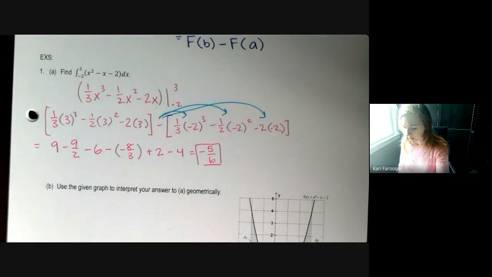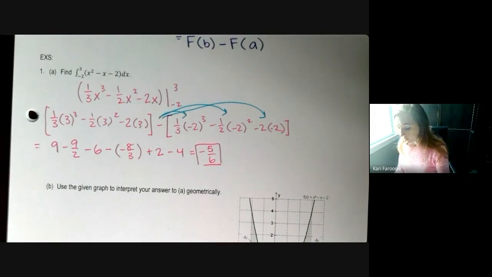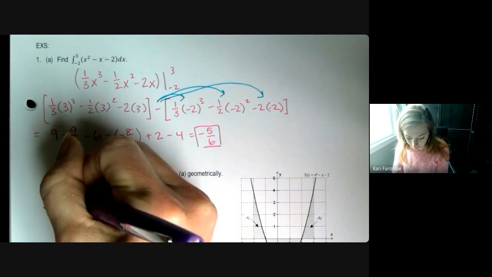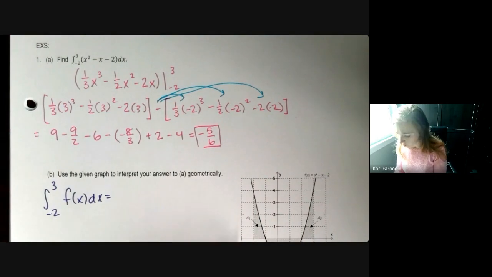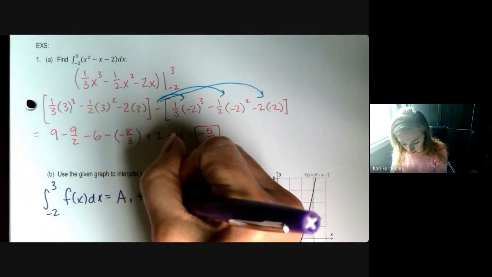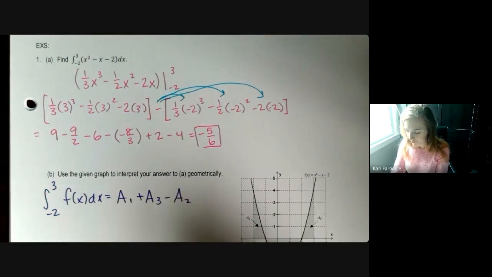Okay. Use the given graph to interpret your answer geometrically. This is something we did in 6.3, but basically the idea is that this integral from negative 2 to 3 of our function is equal to A sub 1 and A sub 3 above the x-axis, so A sub 1 plus A sub 3, and then you're taking away the area that's below.